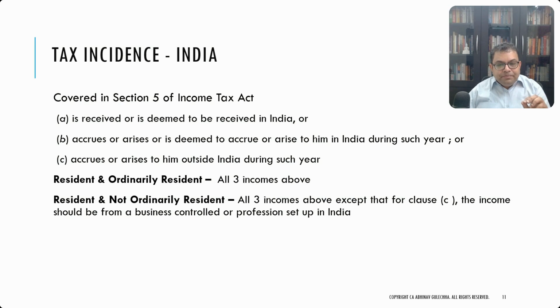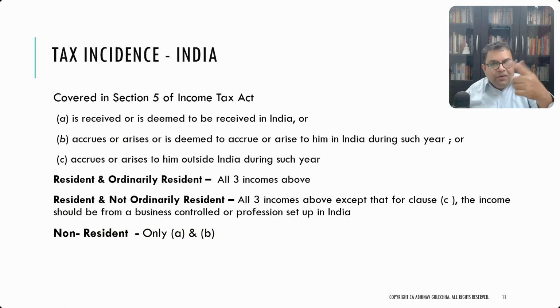Now if the person has like a 401k or some kind of investments outside India which are generating income to that person outside India, or a business outside India, for the duration that the person is a R-NOR, which is like 2 to 3 years after return, those incomes will not be taxable, right? Only the Indian incomes will be taxable, or if he's doing a business which is set up in India, that income will be taxable. Third is a non-resident.